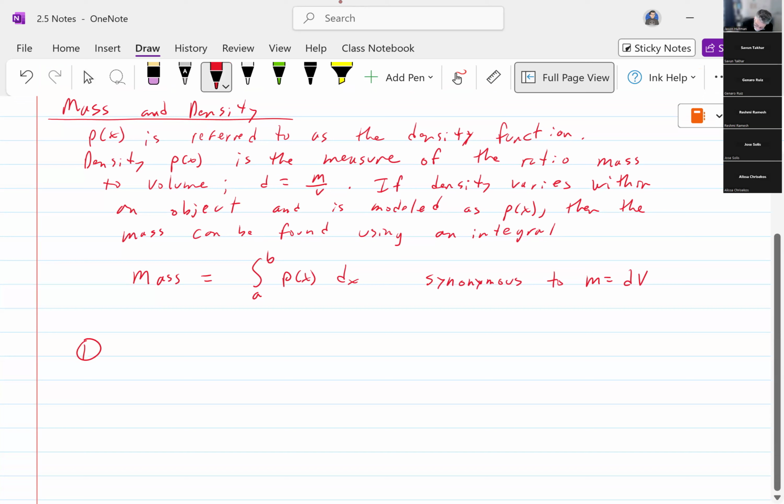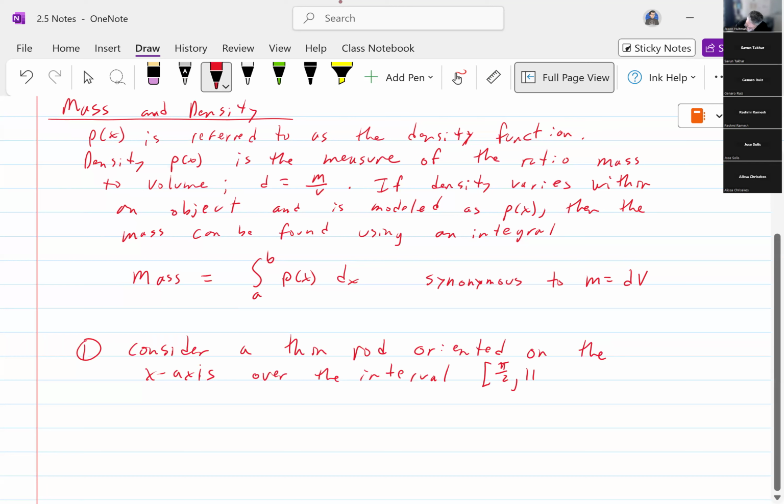Okay, number one. Consider a thin rod oriented on the x-axis over the interval pi/2 to pi.